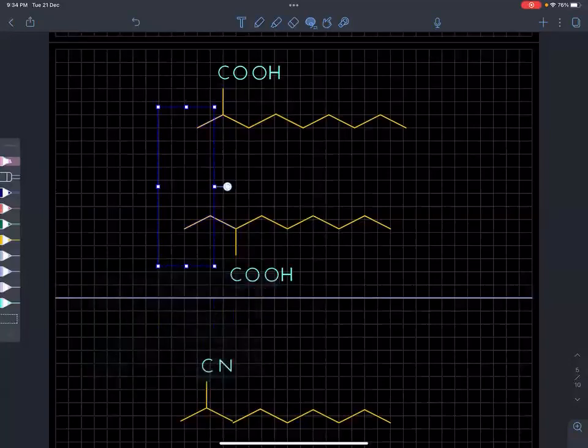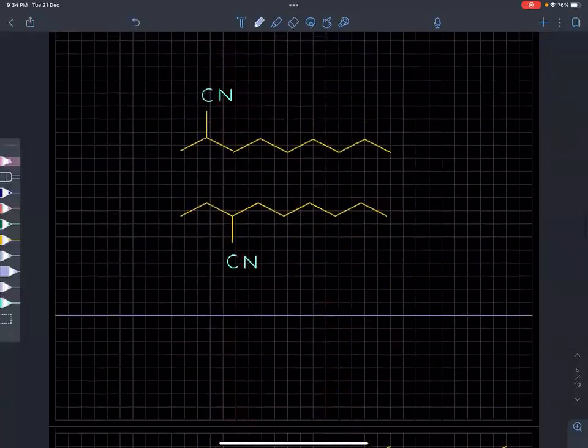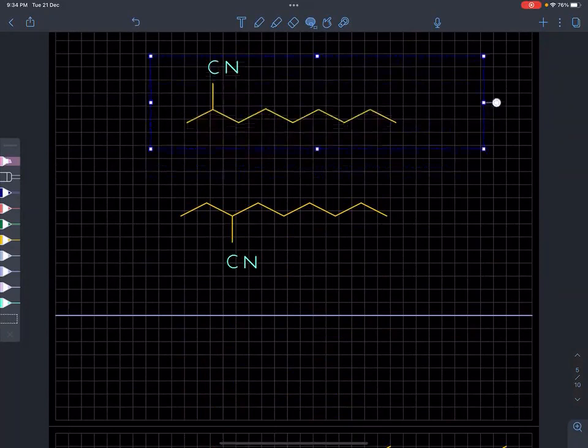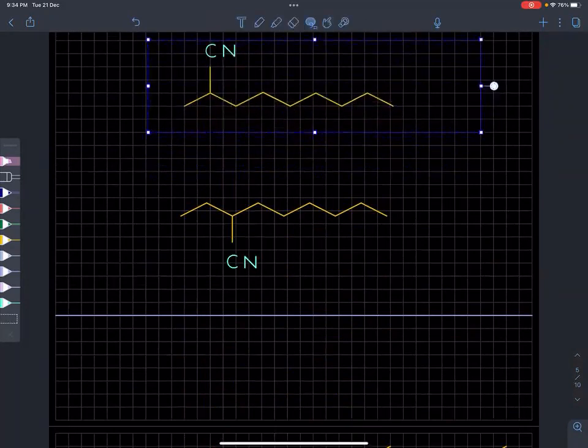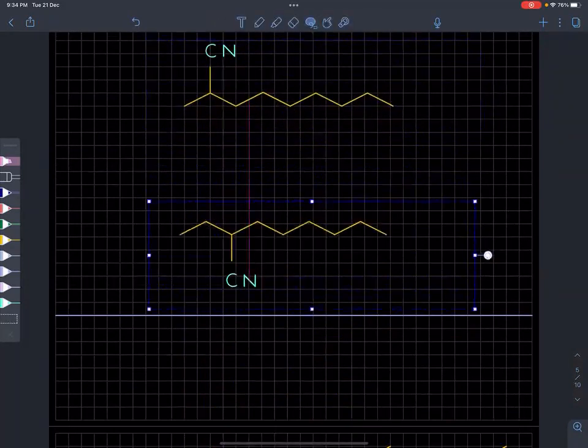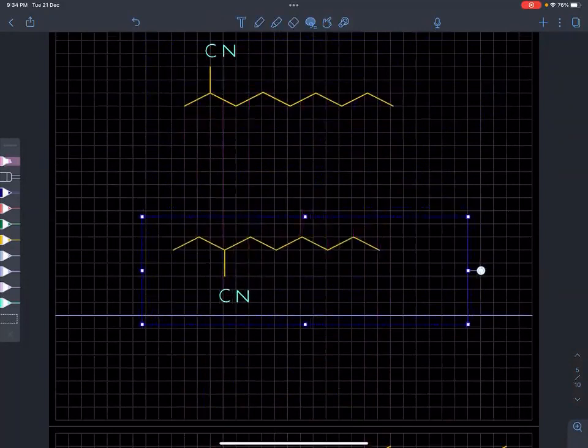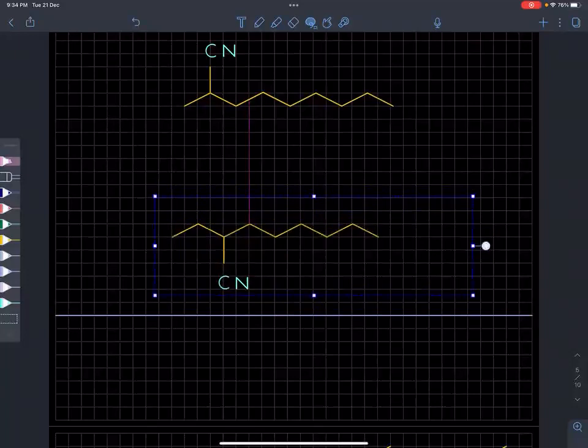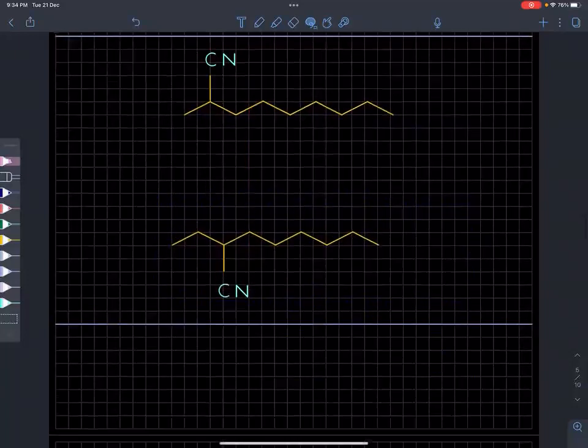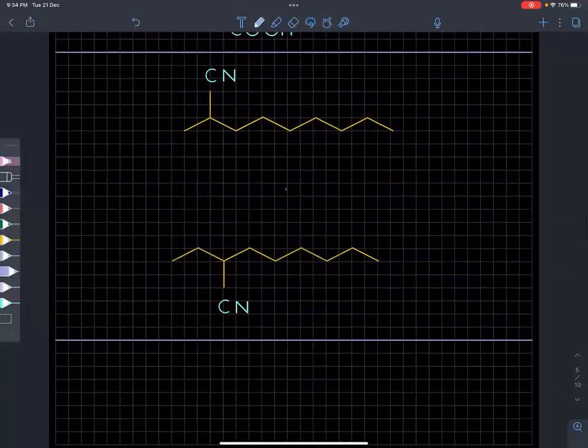So these are chain isomers. What about these two? These are also chain isomers, because even nitrile starts from the first carbon, whose first carbon is this triple bonded carbon to nitrogen. So these are chain isomers.